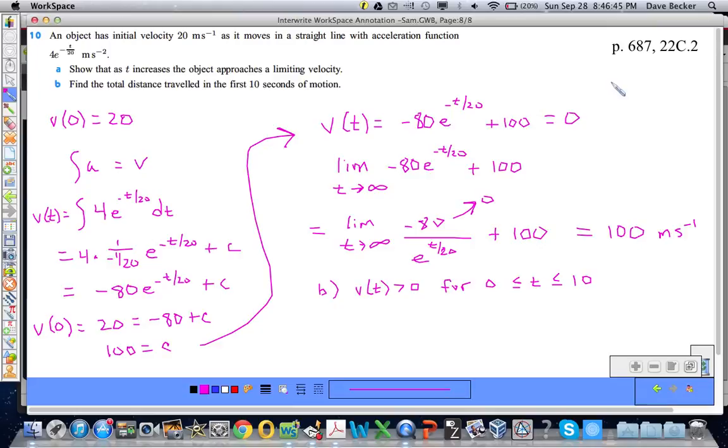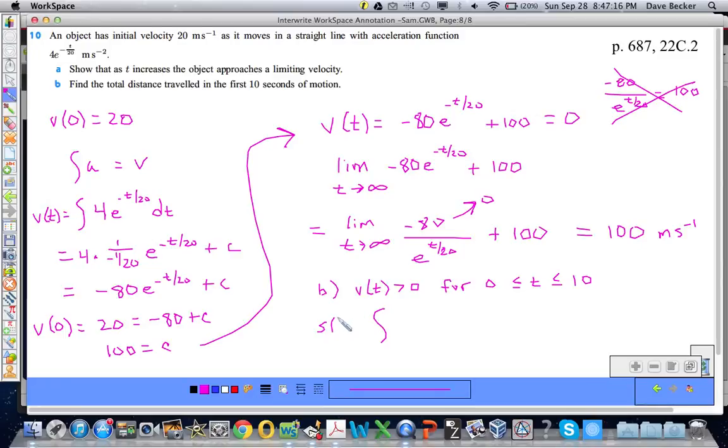Negative 80 e to the negative t over 20 plus 100 equal to 0? Not possible. There's no value of t that would give us this, so it will never change direction, which is good news.